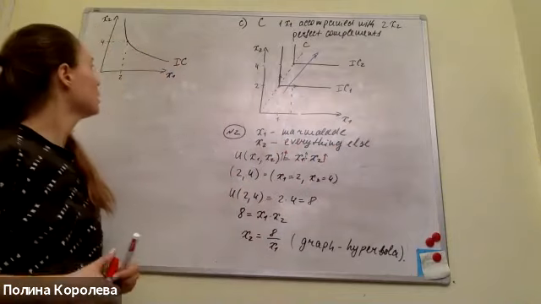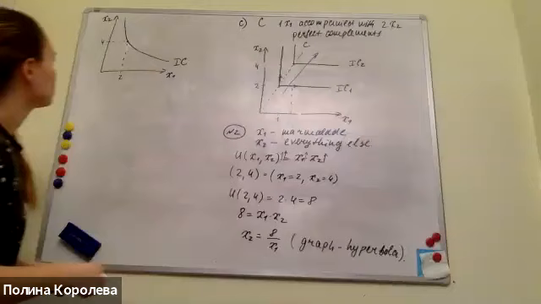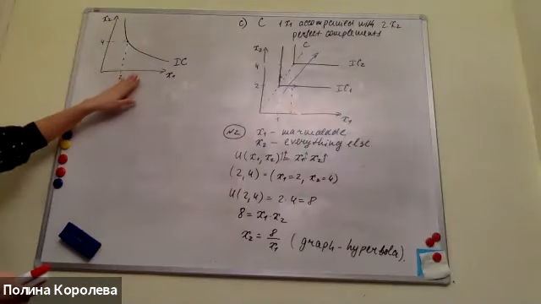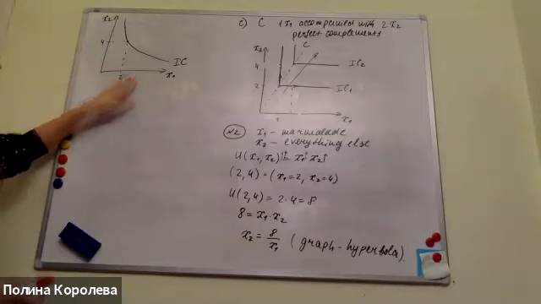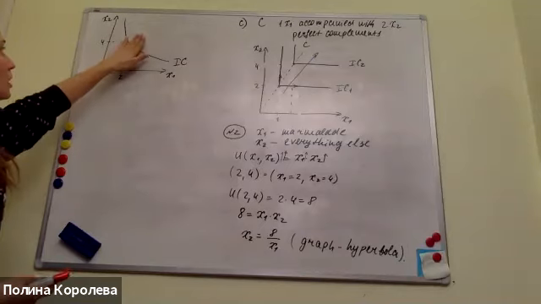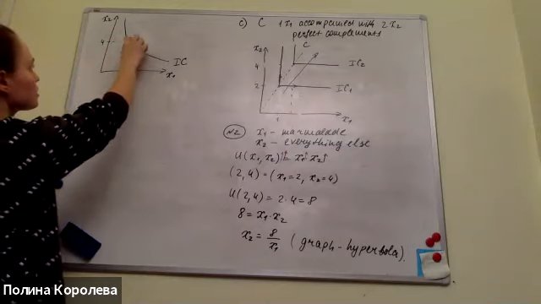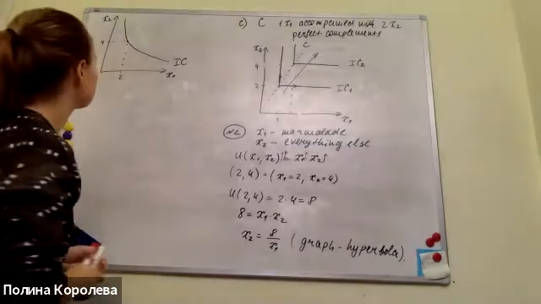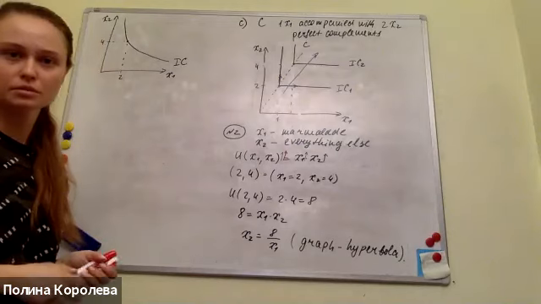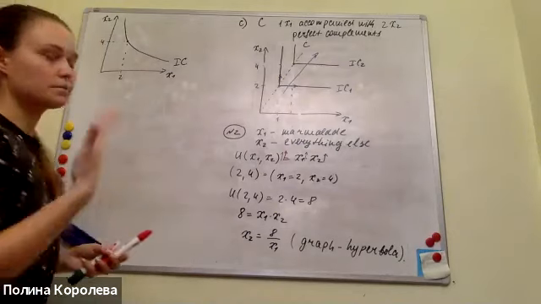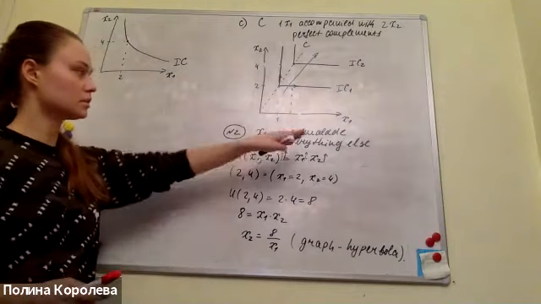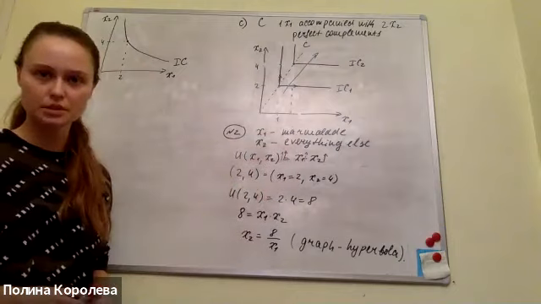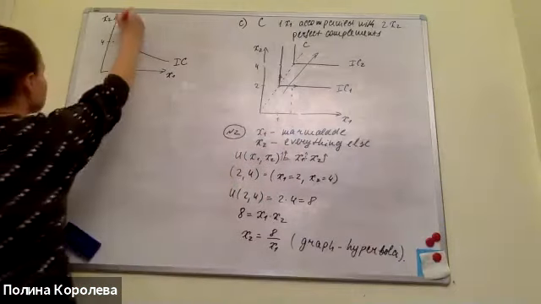So consumption bundles that are better for us, at least not worse off, lie where? To the right and up, if we compare with our indifference curve. Yes. More is better. Here is strict monotonicity. More is better.